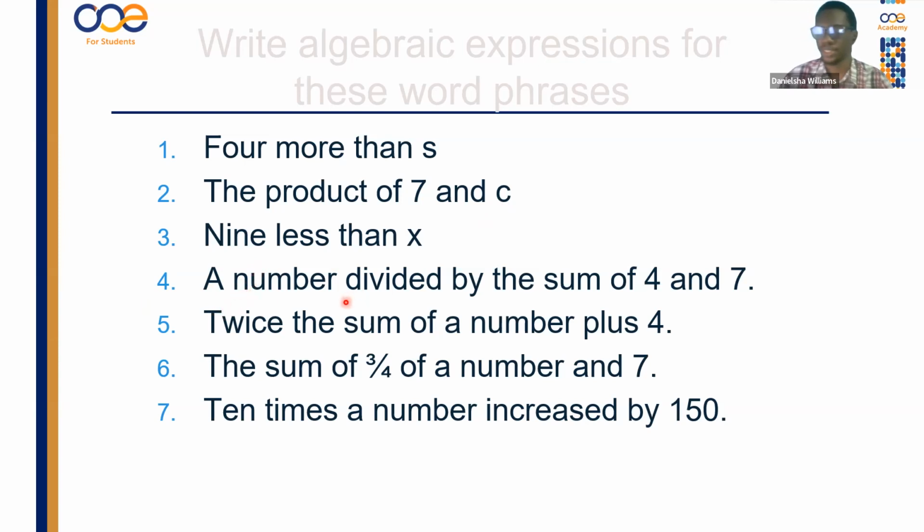So we have gone through these questions before. Can anyone remind me of the answers for 3 to 7? Just quick answers, because you should have already had them from yesterday. So answer for number 3 is 9 take away X. Oh, well, actually, let me correct myself.